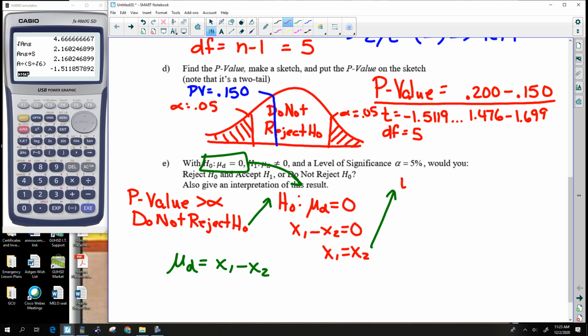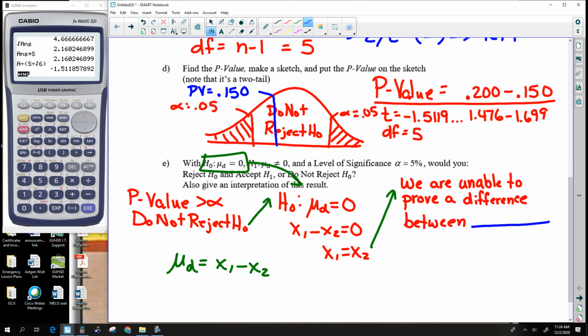between. Or, excuse me, to prove. Here is where you fill in this blank with what you're talking about.